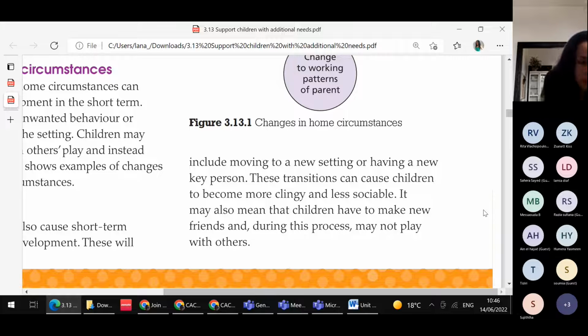He will want his parents to stay with him, making more attachment with them. And maybe that would affect him or her making new friends during this process, because they wouldn't like to be part of the group of children. So maybe he or she will be playing alone. That would affect their child development.